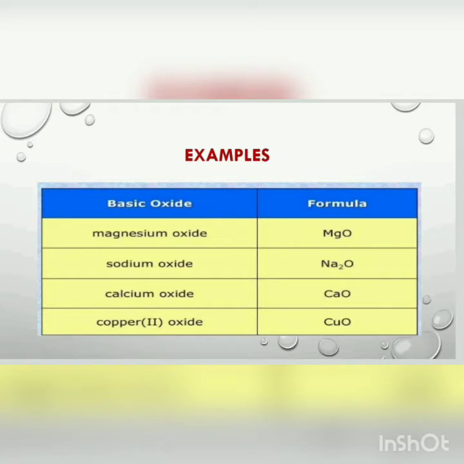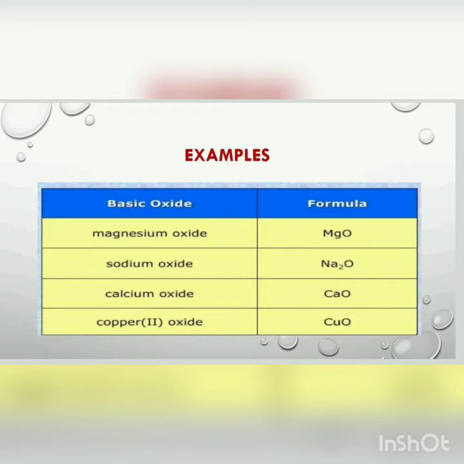For example, magnesium oxide dissolves in water and forms magnesium hydroxide, sodium oxide dissolves in water and forms sodium hydroxide, and calcium oxide dissolves in water and forms calcium hydroxide.